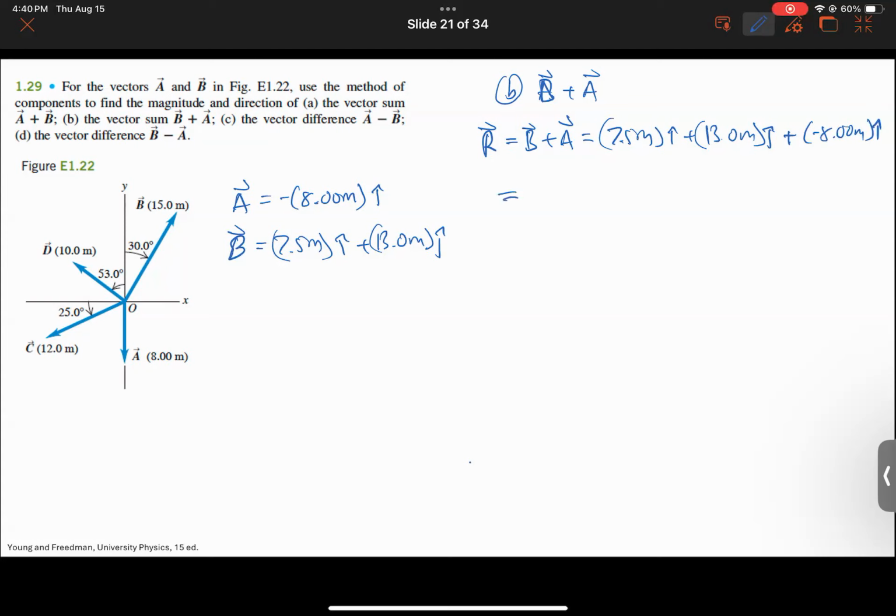Again, ang idadagdag na natin ay yung magkakaparehong coefficients ng magkakaparehong unit vectors. So dito, we add 7.5 and negative 8.